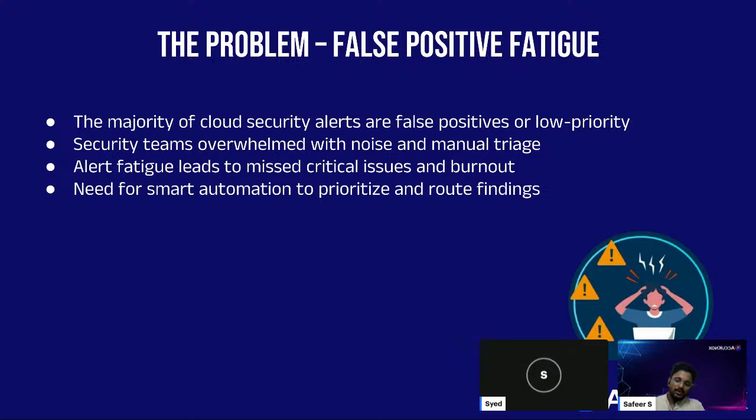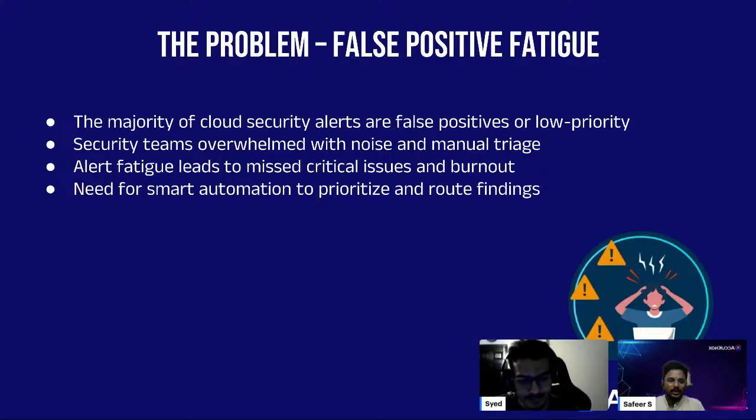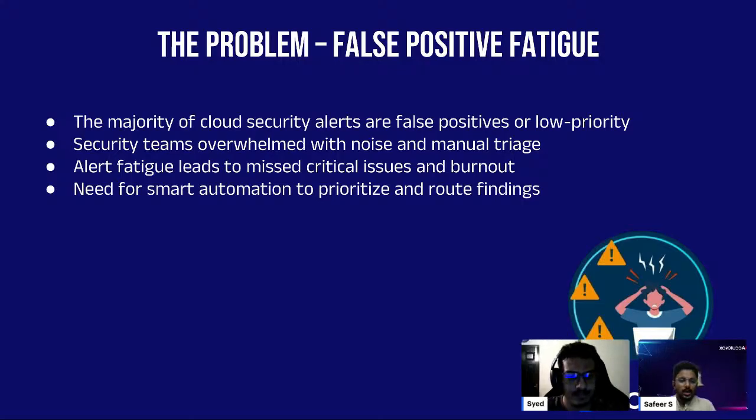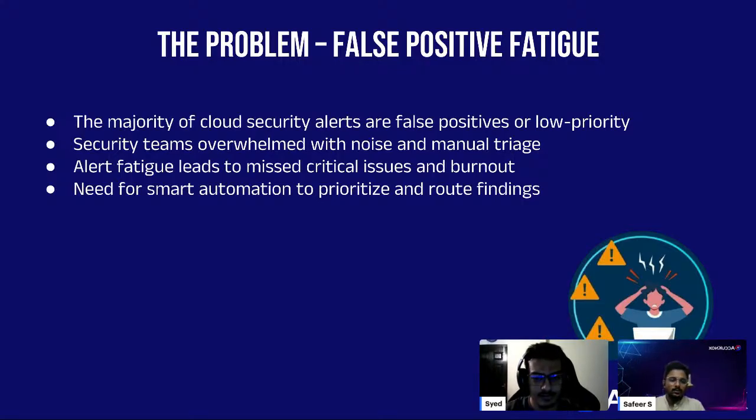The majority of cloud security alerts are always low priority or false positive issues. Let me give an example. Suppose I have created an S3 bucket in the AWS region and I have made it public. It is a critical misconfiguration in the AWS environment, right?